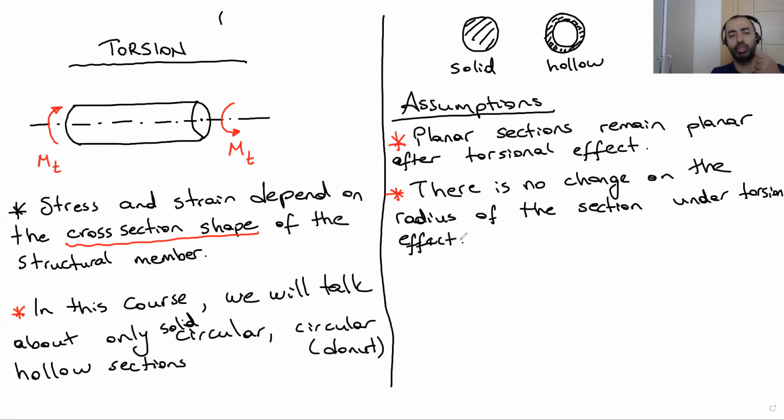When we apply torsion to our section, okay, there will be a rotation around the axis of the section. That's okay, but we assume that there is no change on the radius of the section. Okay. This is also important. If there is a change, the calculation will be again really complex. Forget about that. This is the simple method. No change on the radius of the section.